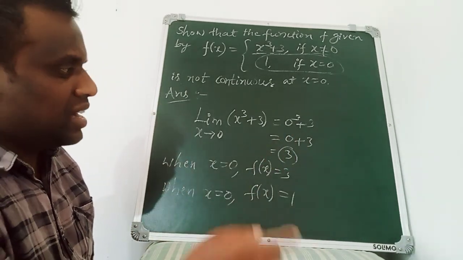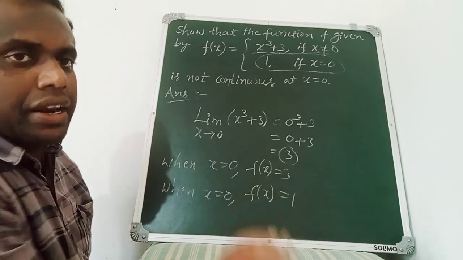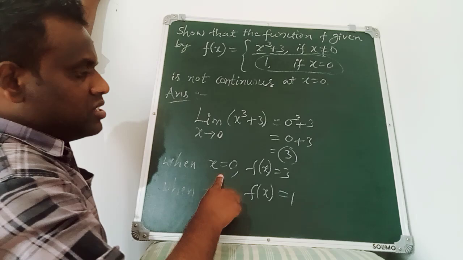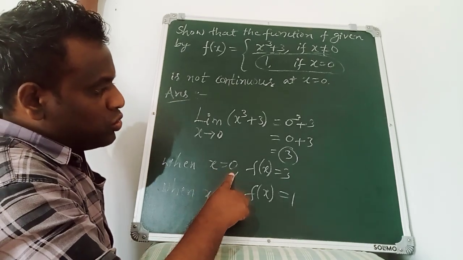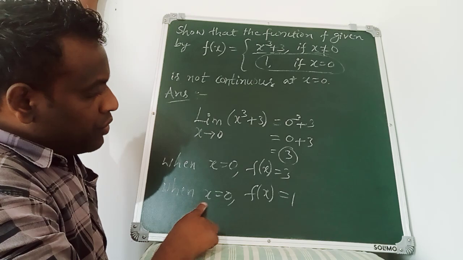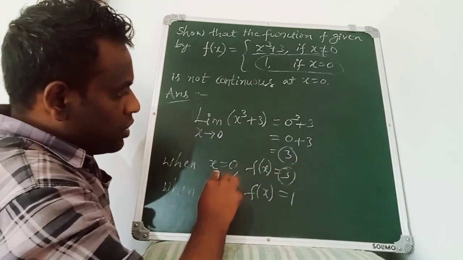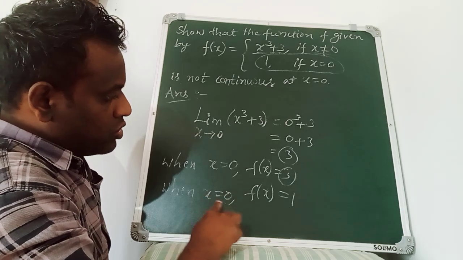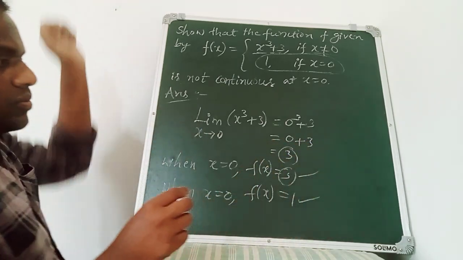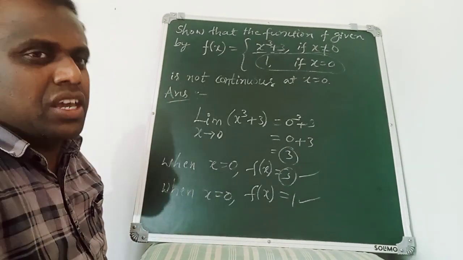This is saying when x is equal to 0, the function value is 3. But this is saying when x is equal to 0, the function value is 1. For x is equal to 0, here we got 3, here we got 1. So both are not the same.